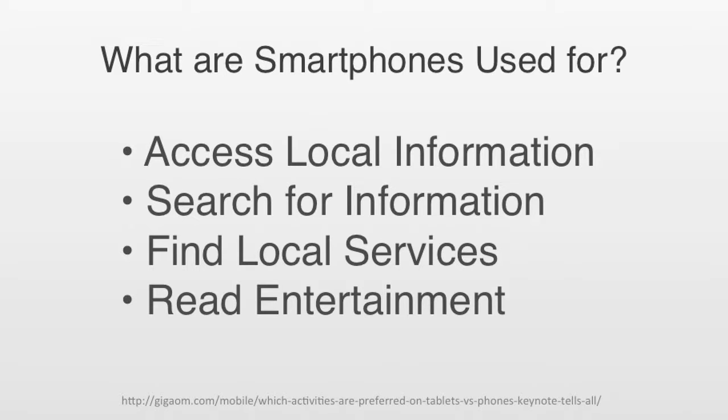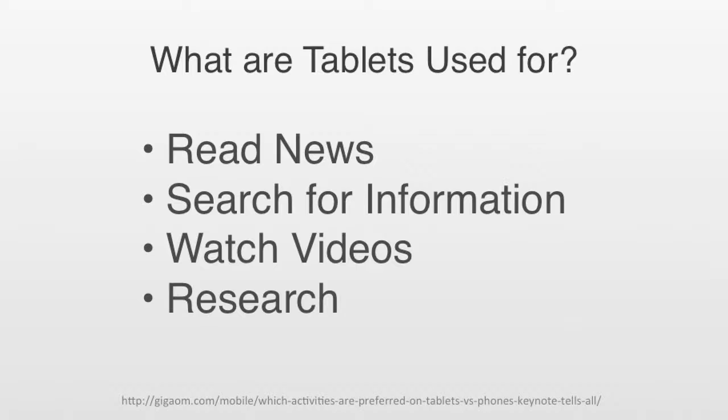Very time sensitive research. If we take a look at tablets, they're reading news, searching for information, watching videos, doing research, the type of things that take more time, that you can kind of relax, that aren't as time sensitive. So again, that kind of goes back to our other point. It's less localized than a smartphone, but people spend more time consuming information on them.